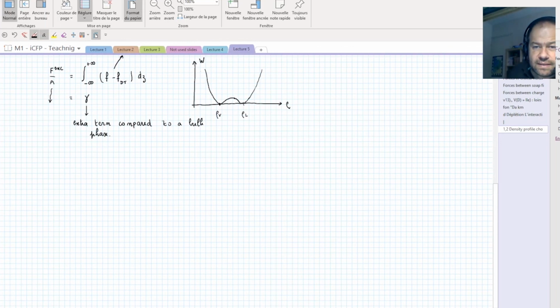Okay with that? So if you accept that, you see immediately that gamma is now a functional of the profile of density at the interface. And of course, you can write it like that.